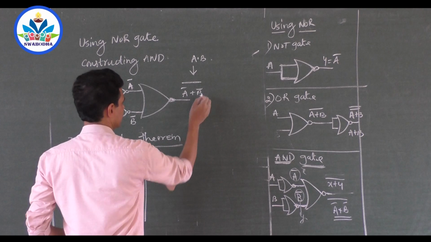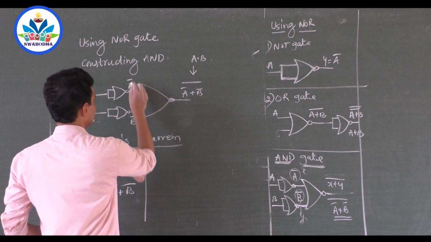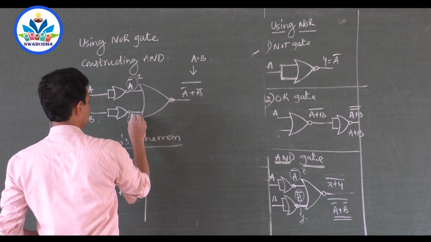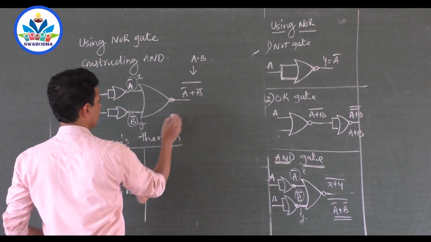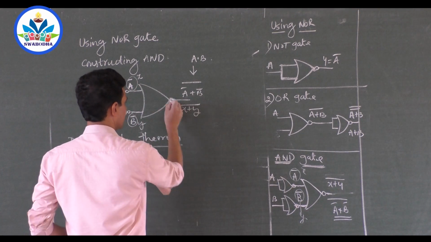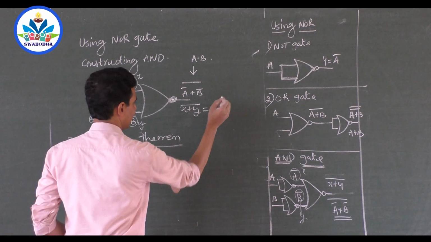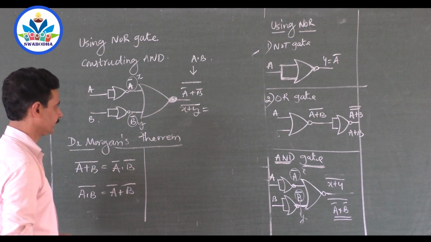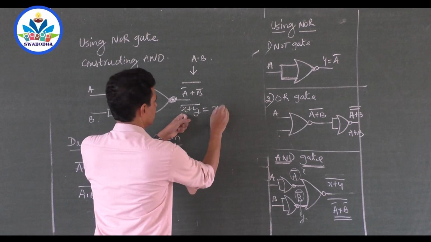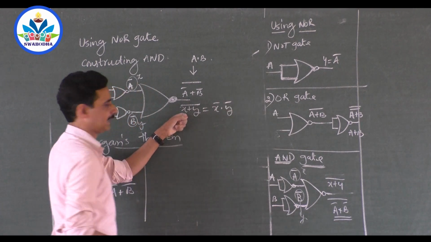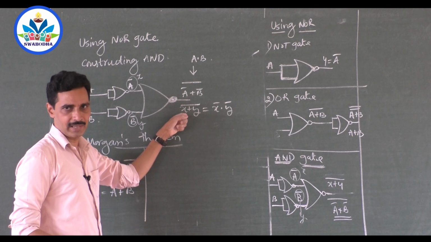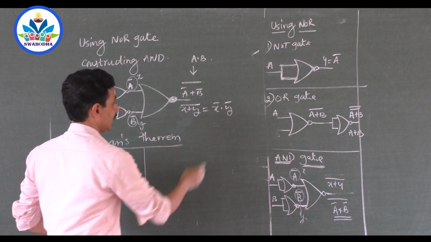See, A bar plus B bar, or if I take this as X, this as Y, what is the answer? This is the NOR gate, X plus Y whole bar. Now shall I write X plus Y whole bar as X bar dot Y bar, isn't it? Now what is X actually?